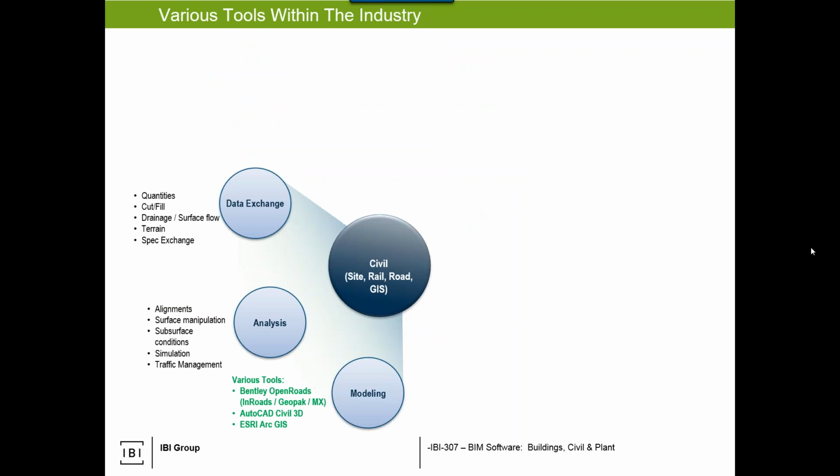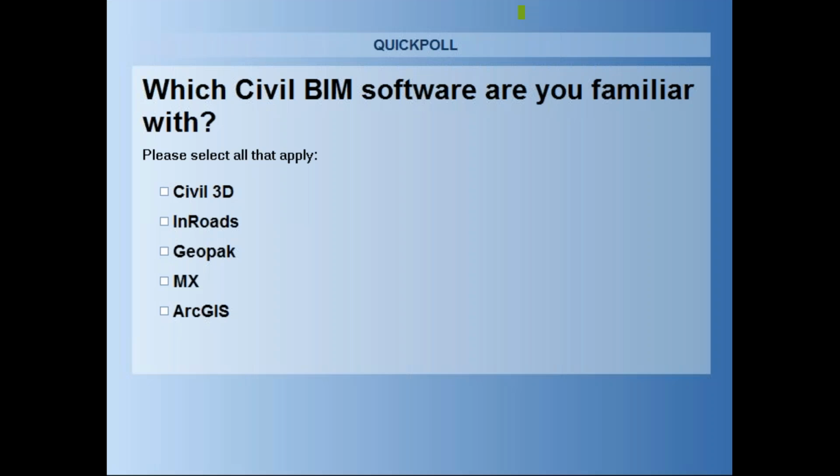So let's talk about civil tools for a moment. I'm going to launch this other poll, just again asking for familiarity. So again, the question is, what have you seen or heard of? And then we'll give it a couple seconds here. Awesome that everything has been hit at least once.